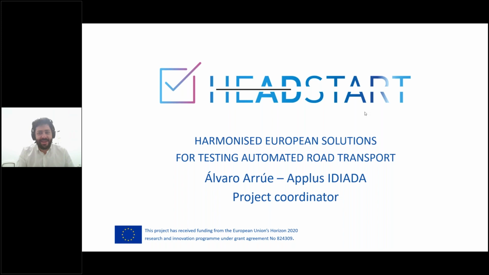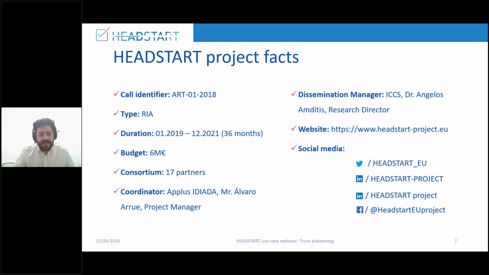Let me show you some slides about the HEADSTART project, Harmonized European Solutions for Testing Automated Road Transport. The HEADSTART project was originally granted from the call of the European Commission, formerly ART-01, in 2018.